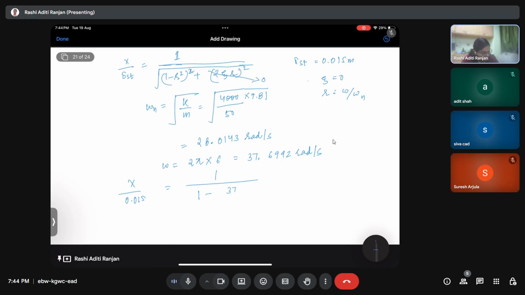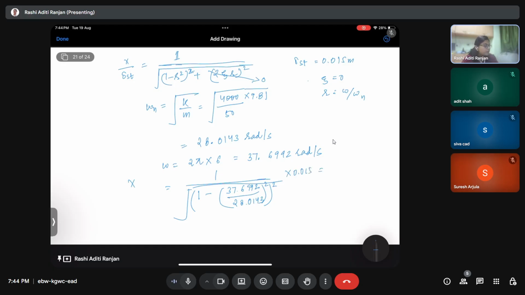I have the final value actually, so the middle calculation you can do on your own.